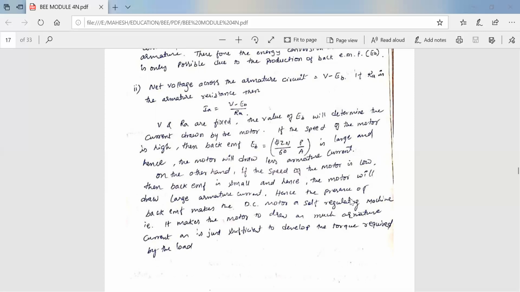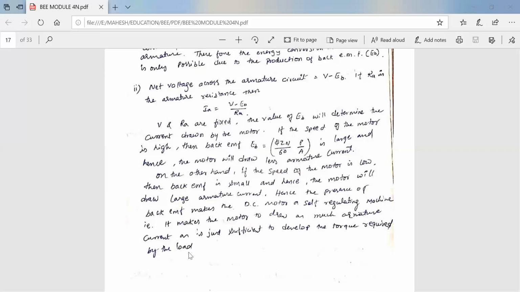So hence the presence of back EMF makes the DC motor a self-regulating machine. It means the motor draws as much armature current as is just sufficient to develop the torque required by the load. The motor itself will regulate the back EMF so that it can develop the required torque for the load.